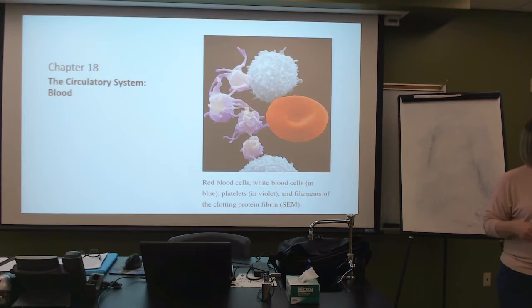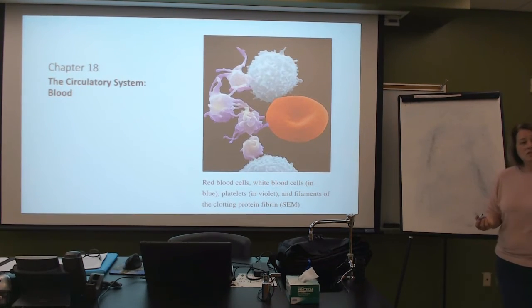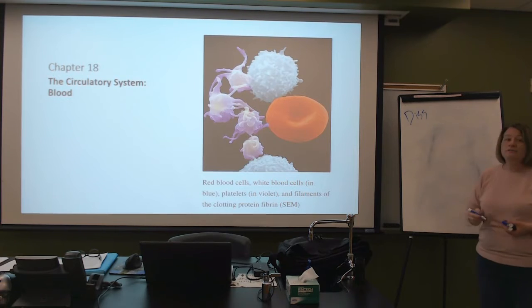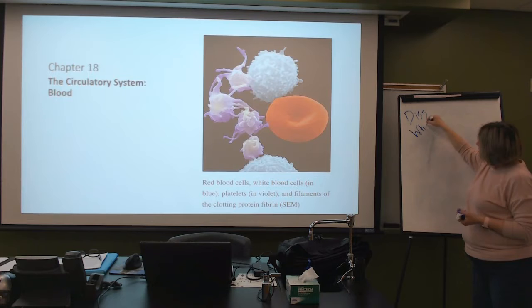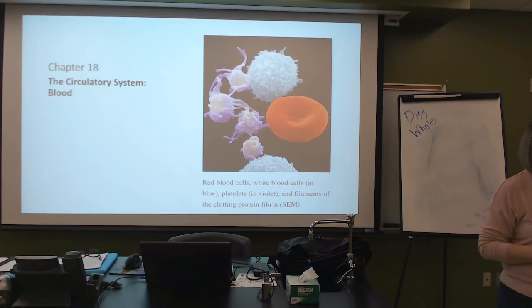fluid, a fluid connective tissue, if you remember about connective tissue, you always had a matrix, all right? Now, one of the things about blood, we're going to be able to see that stuff gets dissolved, all right? And then we're going to see that we get to have parts that are whole and don't.